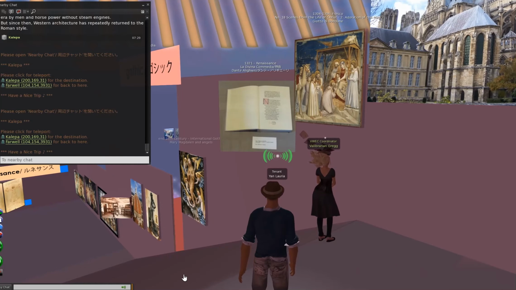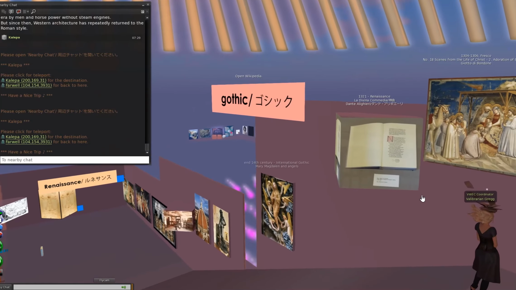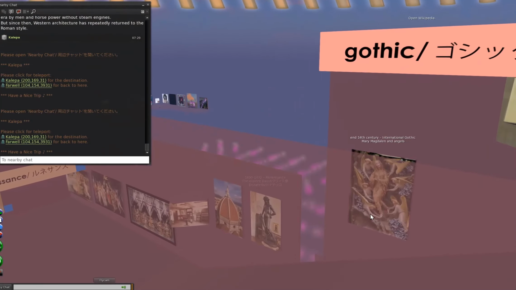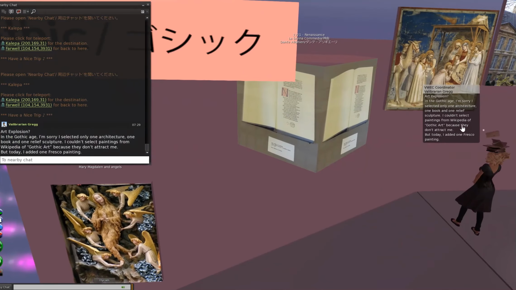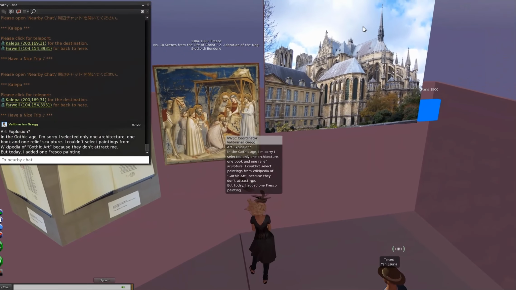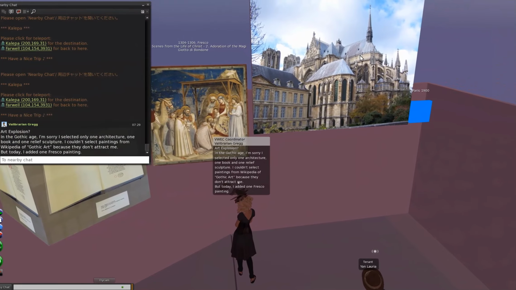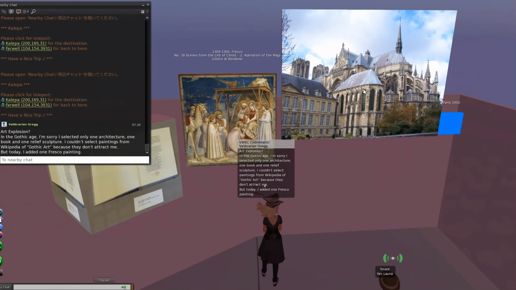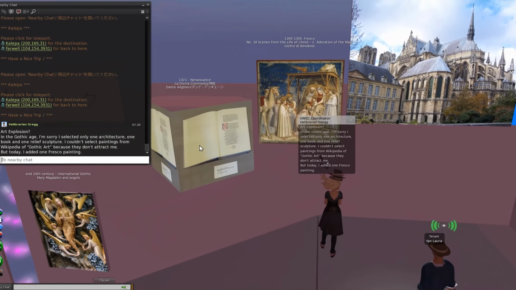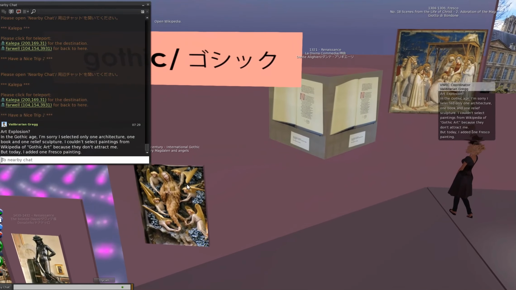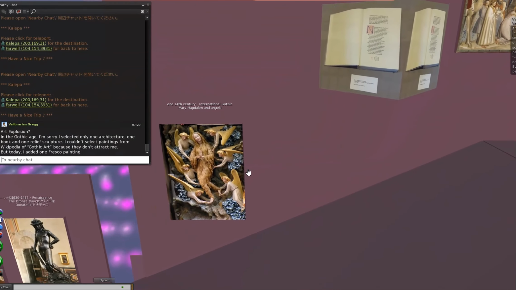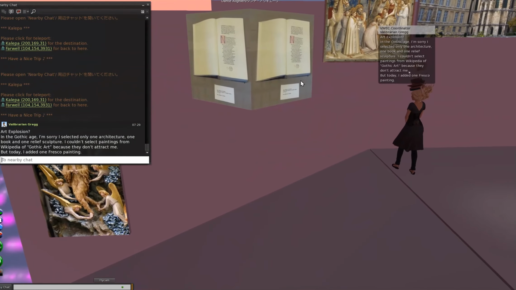Then the Gothic age. I'm sorry, I selected only one architecture, Notre Dame Church, and one relief statue and one book.